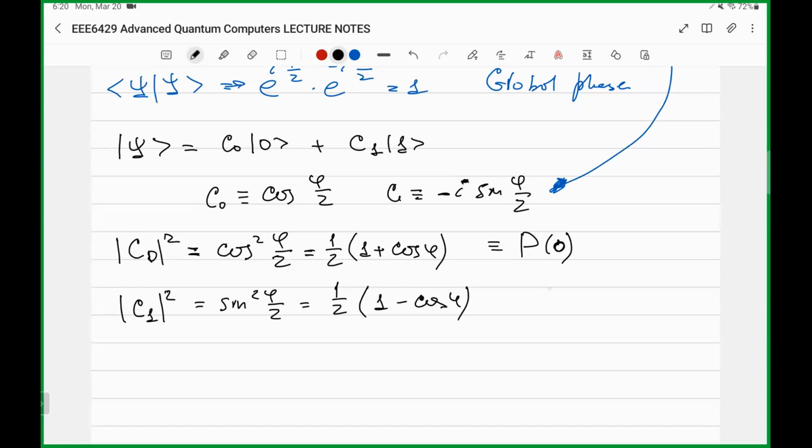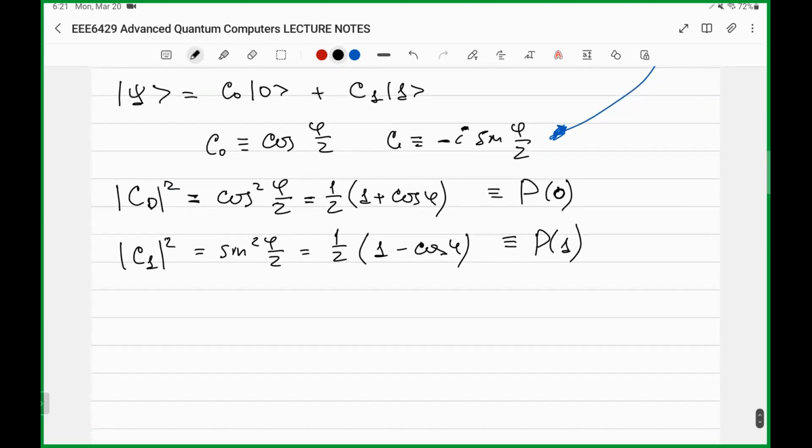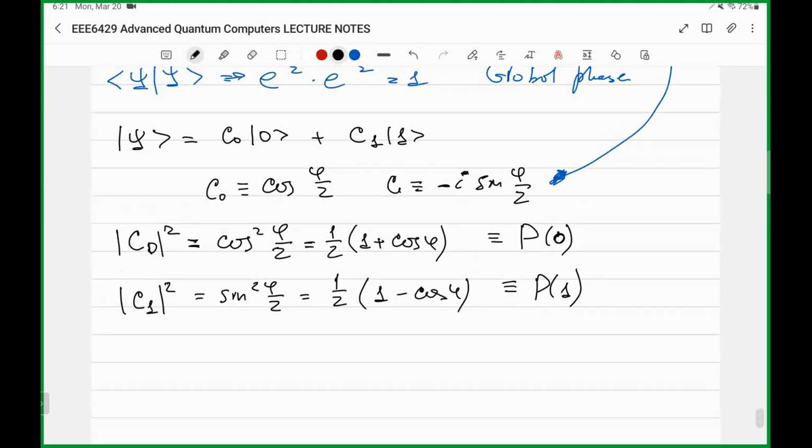So it's the probability of state 0. This is the probability of state 1. So the probability of finding the system in state 0 is 1/2 times 1 plus cosine phi. The probability of finding it in state 1 is 1/2 times 1 minus cosine phi.